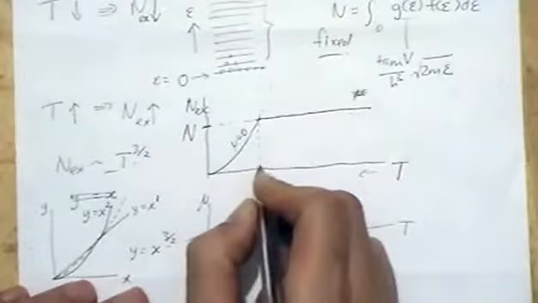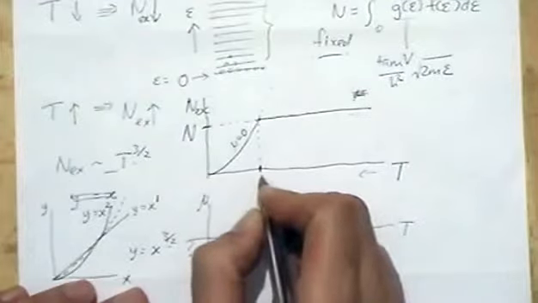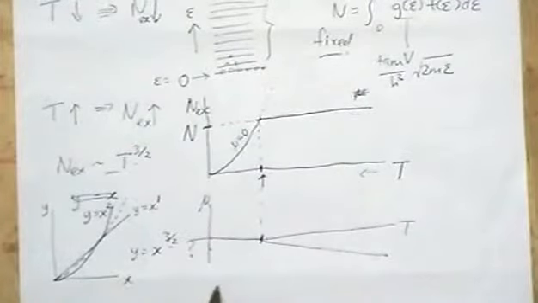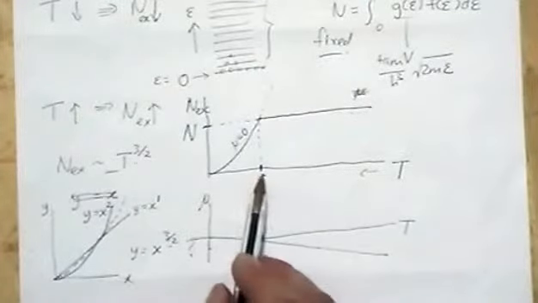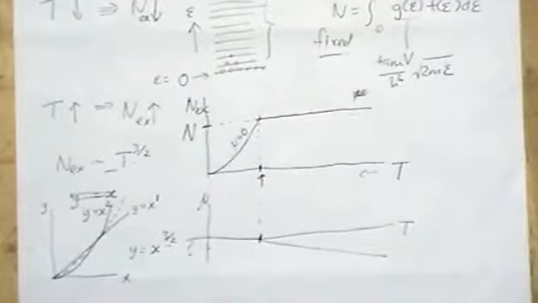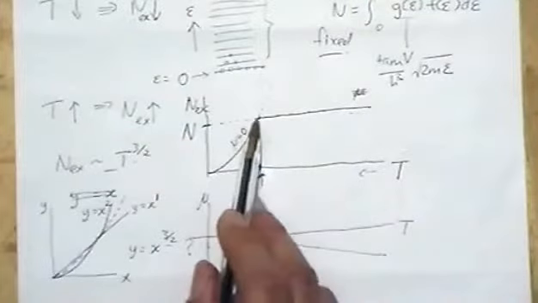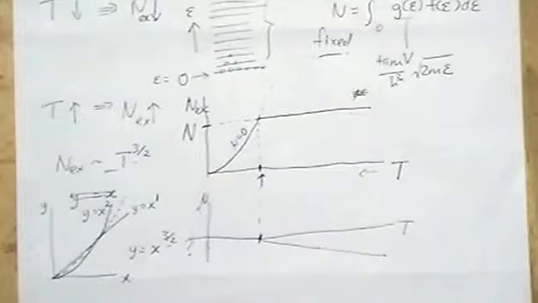So the next thing we want to look at here is this temperature. There is something interesting about this temperature. This is the temperature below which particles start going into the ground state.